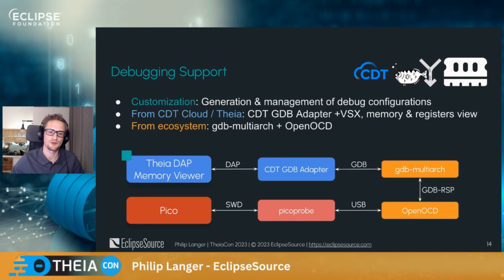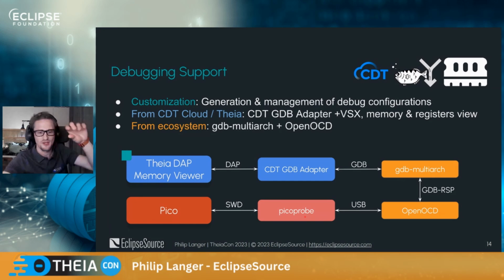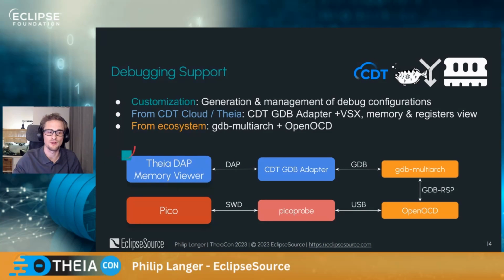From the ecosystem, essentially with that GDB adapter, we use GDB multiarch and OpenOCD to communicate with a Pico probe. So that's this little guy here that then connects to the Pico using SWD. And with that, we can really directly debug the device. So what's really cool is that there was not a lot to do. Actually, all that is done is debug configuration management.